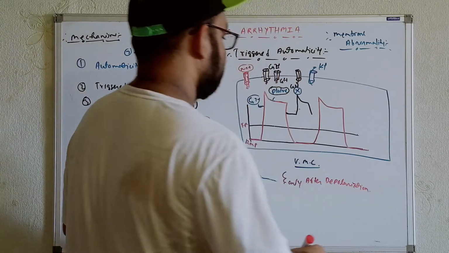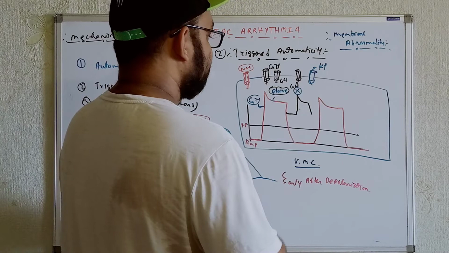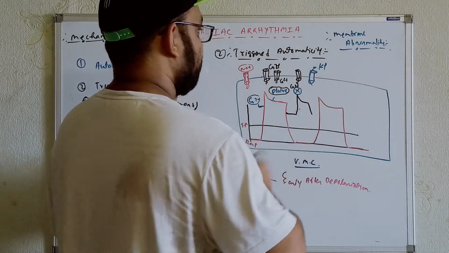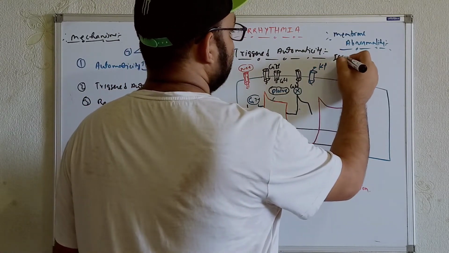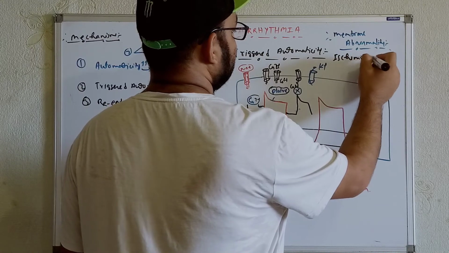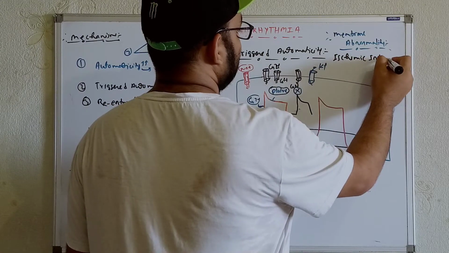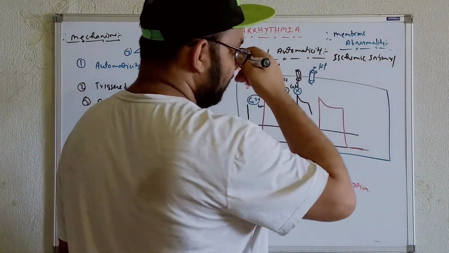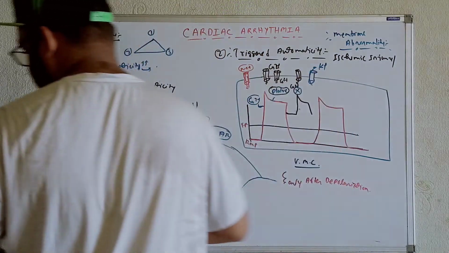Early after depolarizations. Okay. In these cases, we can get some ischemic injury within the cell. What are the reasons? Let's write it over here. We can get ischemic injury, in terms of infarctions.